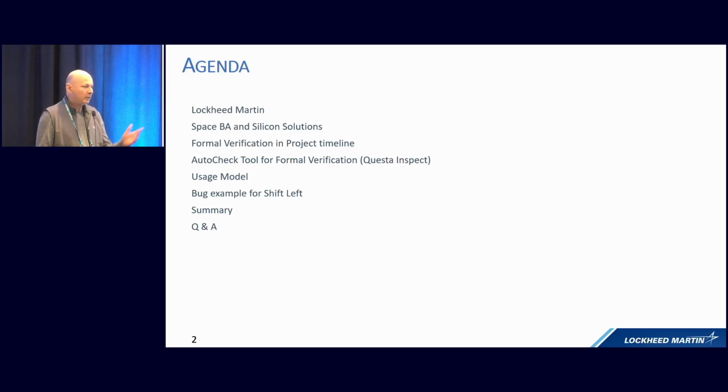I looked back, and it was there in the AutoCheck report. So I'll do a comparison to show why it is important to run formal, to run AutoCheck early, and get rid of most of the bugs and fix them, or at least know about them and waive them. Okay.